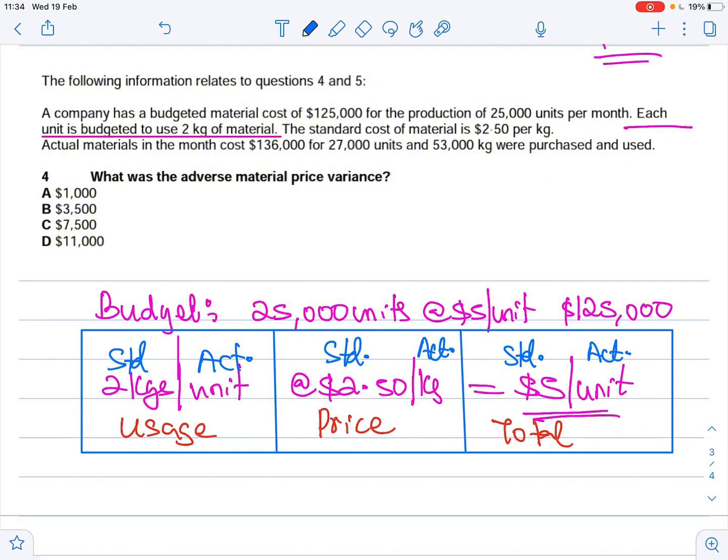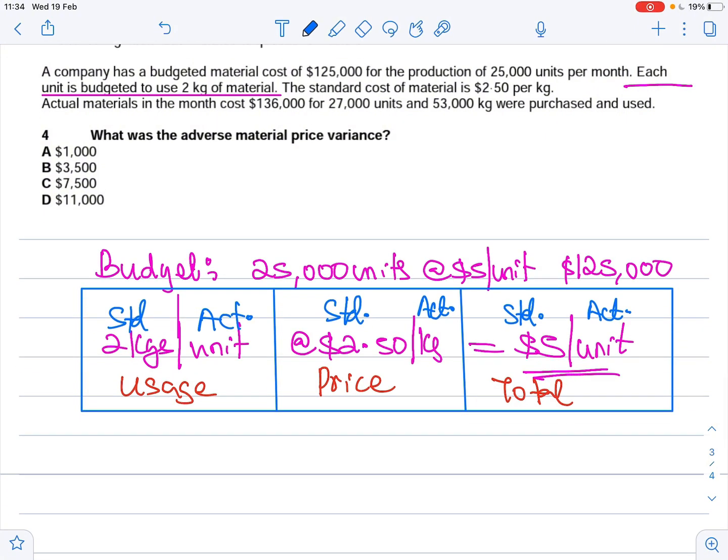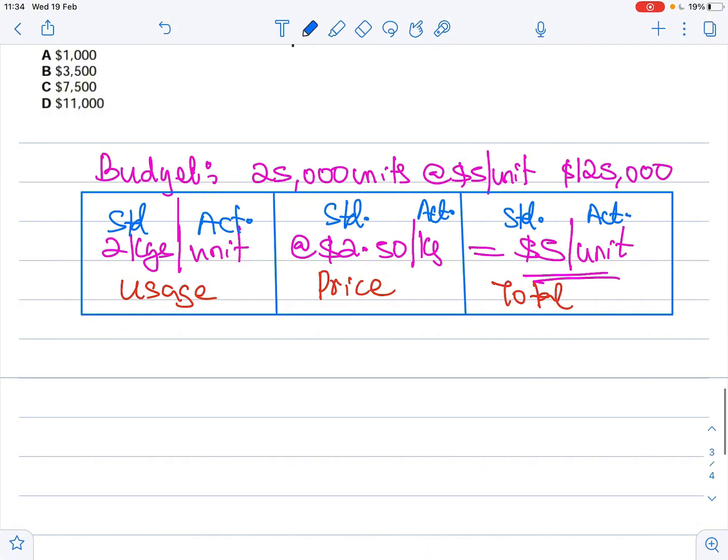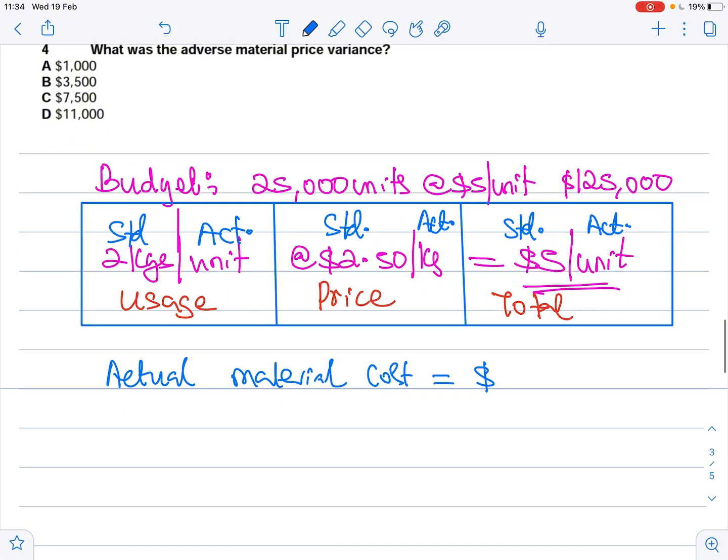So the other bit now is talking to us about actual materials in the month. So actual materials in the month cost $136. So let's come here and say actual material cost. So we have this to be $136,000.